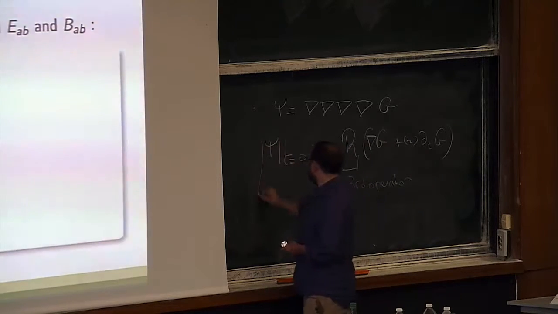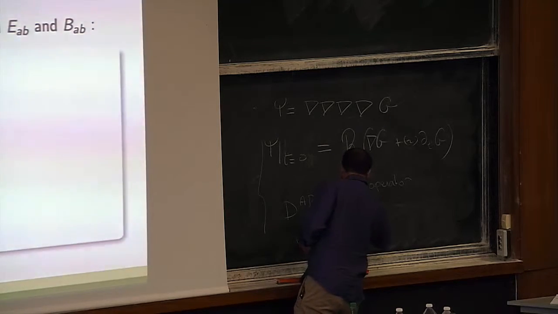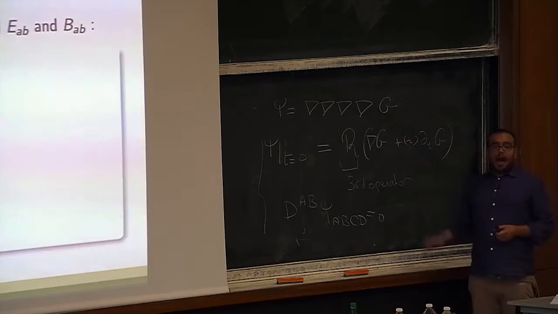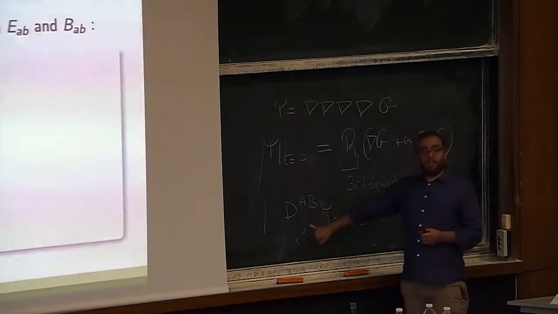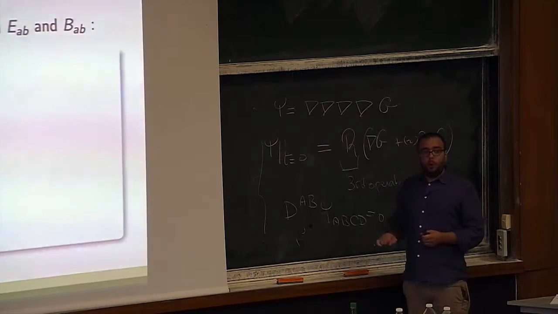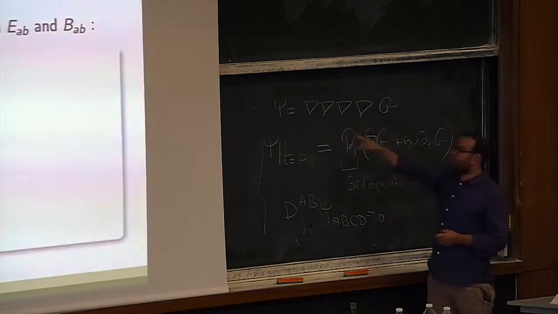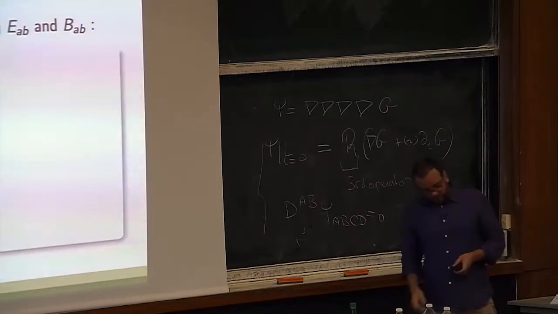And I know that my field here satisfies the constraint equation here. Hopefully, as in the Maxwell case, the constraint equation I have here will guarantee the existence of a preimage by the operator R. And it happens to be the case.